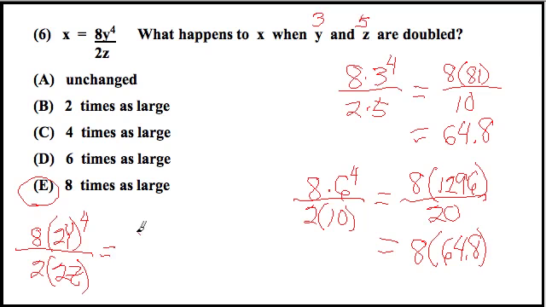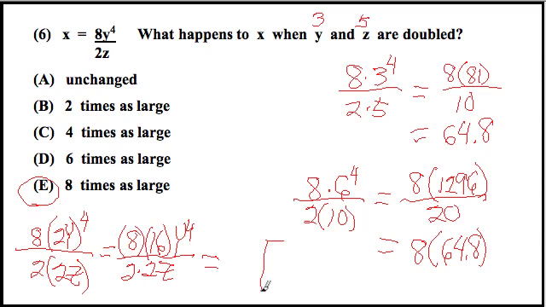Okay, so that's 8 times 2 to the 4th. 2 times 2 is 4, times 4 is 16. So we have 16 y to the 4th over, well, let's just keep this as 2 times 2 times z.